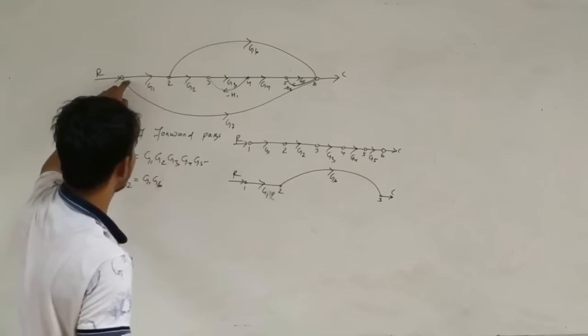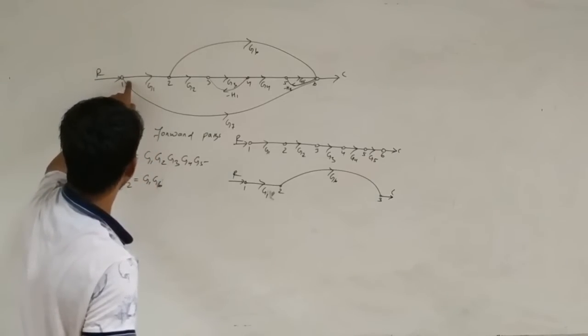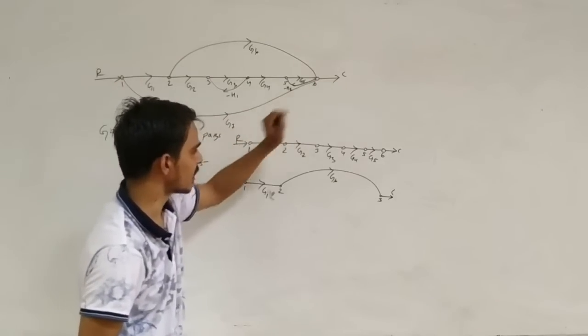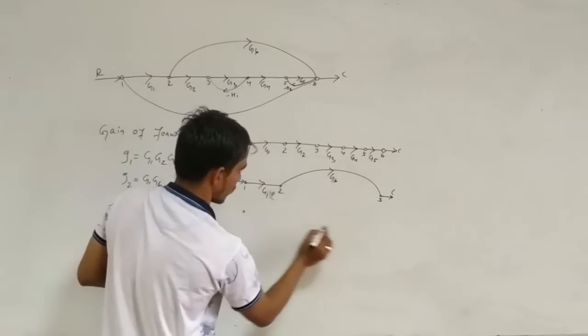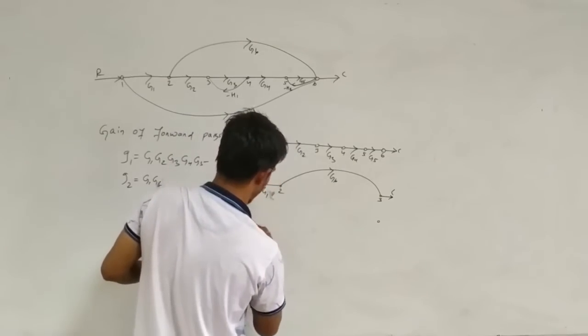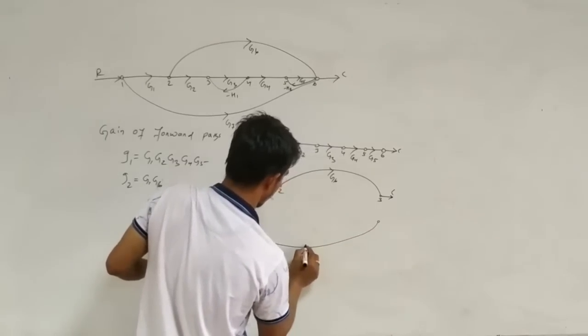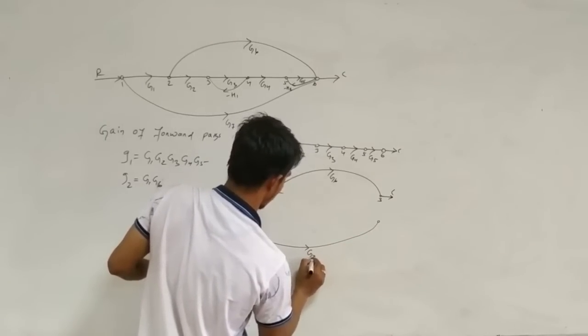Okay, any other forward path? See, directly node 1 to node 6, direct path. So node 1 to node 6, that is G7.